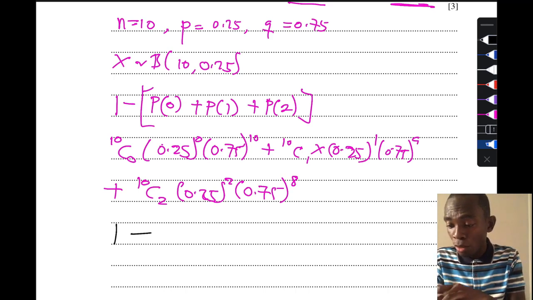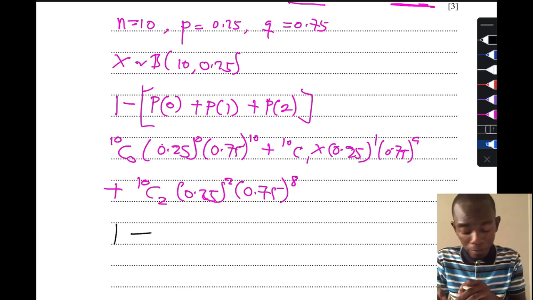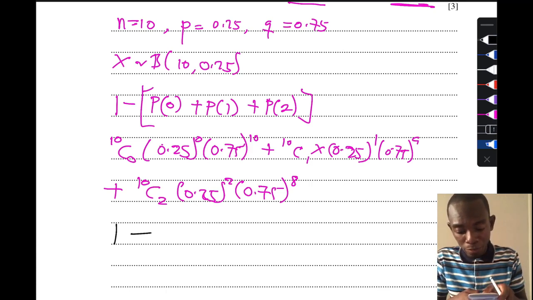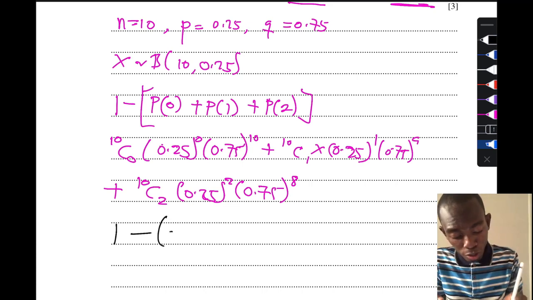So I have 10 combination 0 times 0.25 to the power 0, times 0.75 to the power 10, plus then I have 10 combination 1 times 0.25 to the power 1 times 0.75 to the power 9, and those first two should give us 0.2440.